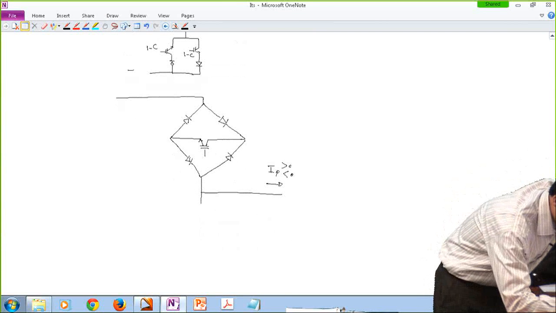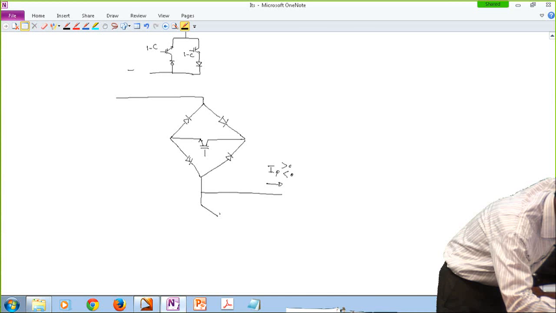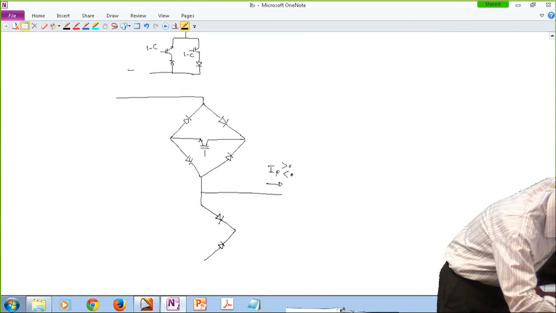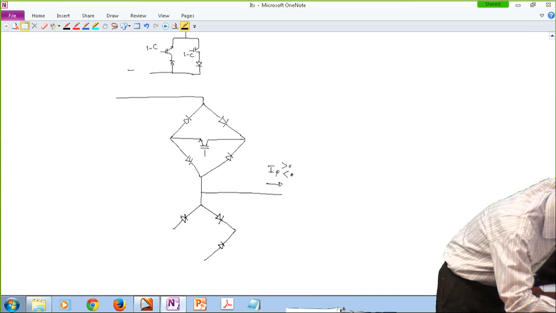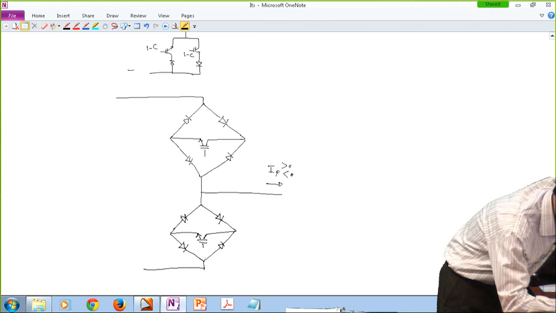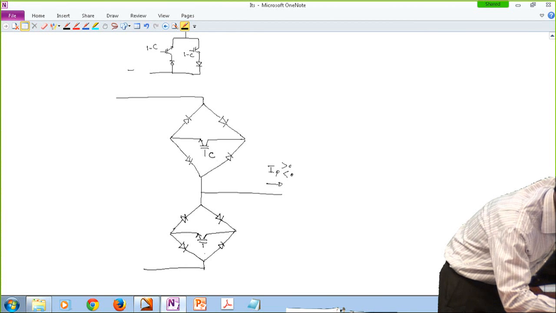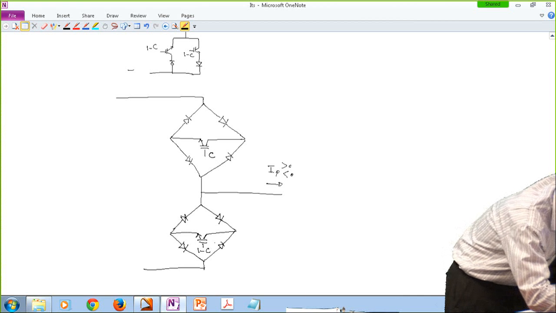And almost the same thing is replicated down here. So the advantage here is we are actually saving on the number of switches, because switches are controlled, you need gate drivers, but diodes are not controlled, so you don't really need a gate driver for them.